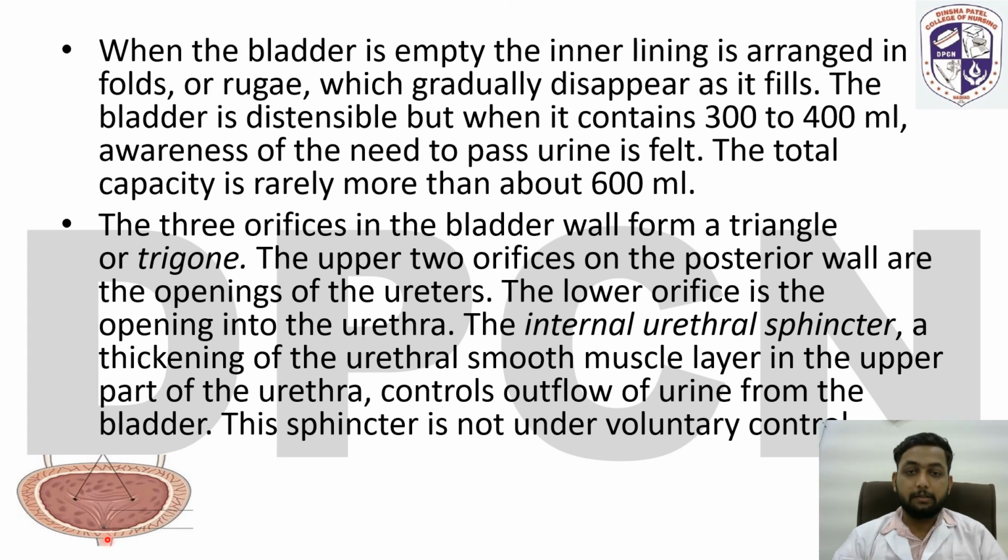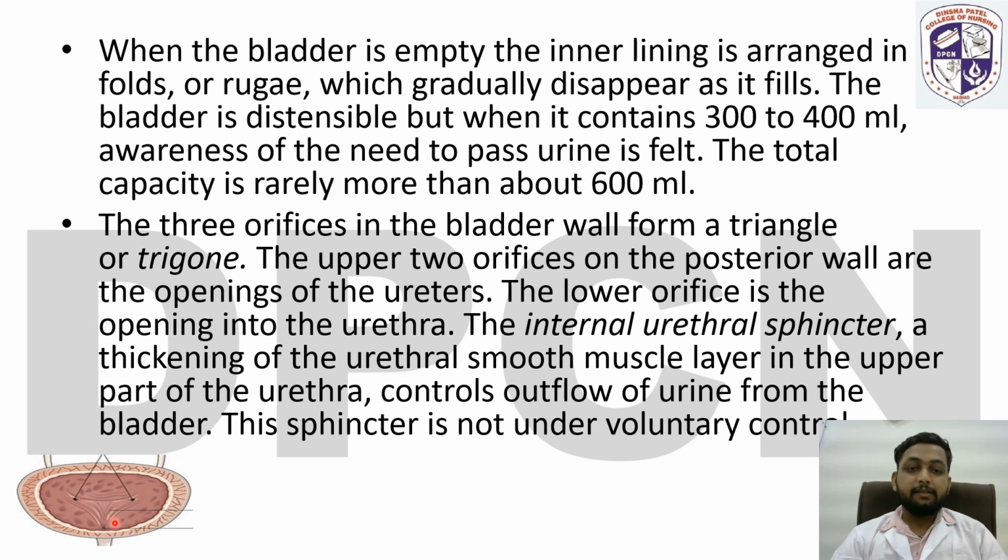The internal urethral sphincter is a thickening of the urethral smooth muscle layer in the upper part of the urethra. Here on the posterior side, where this opening is connected, it is known as the internal urethral sphincter.